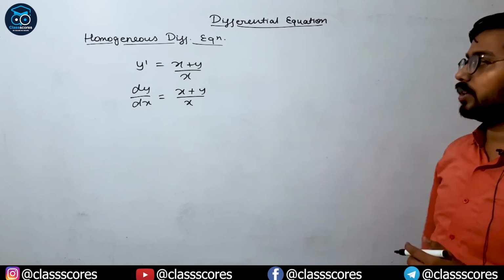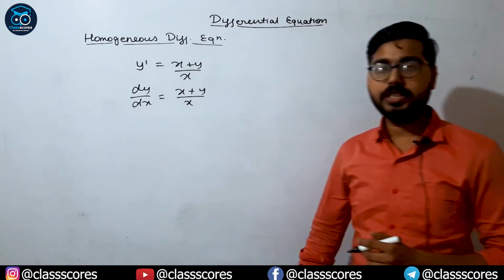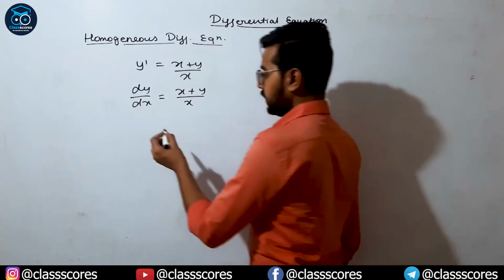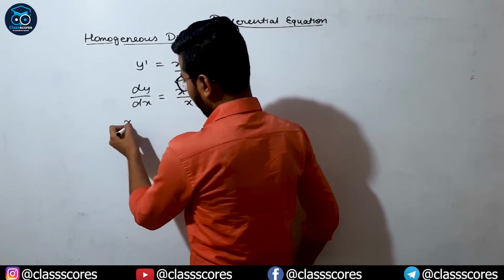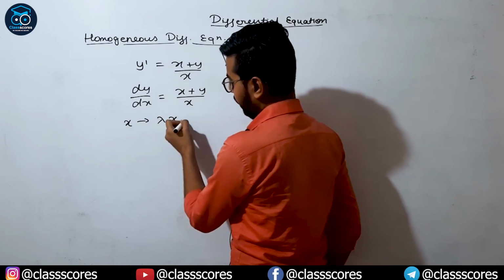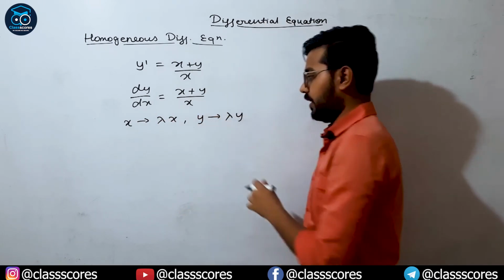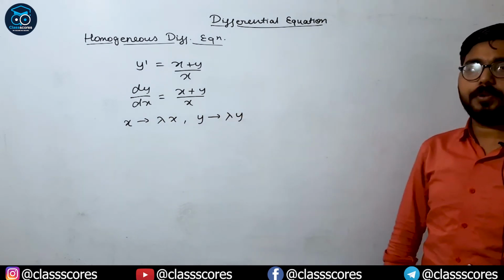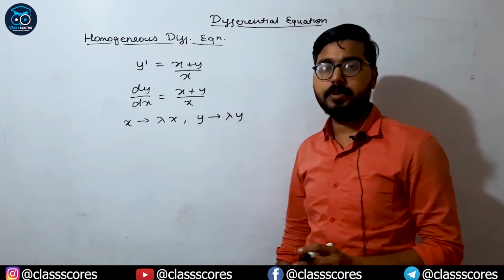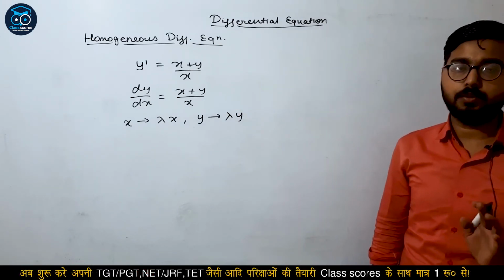So first of all, we need to check whether the function is homogeneous or not. So we can simply substitute x as lambda x and y as lambda y. If all the elements of lambda are eliminated, then it will be considered a homogeneous equation.